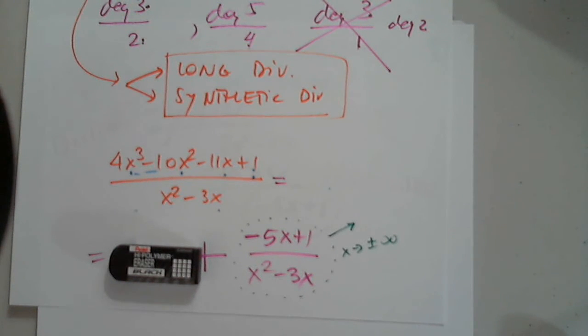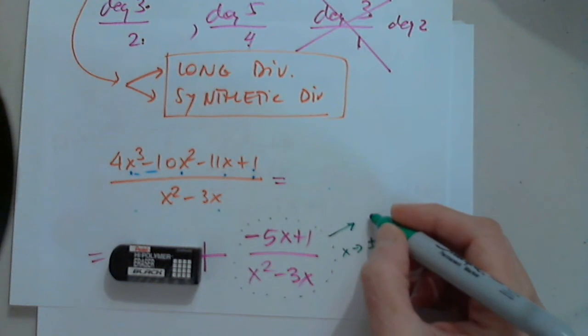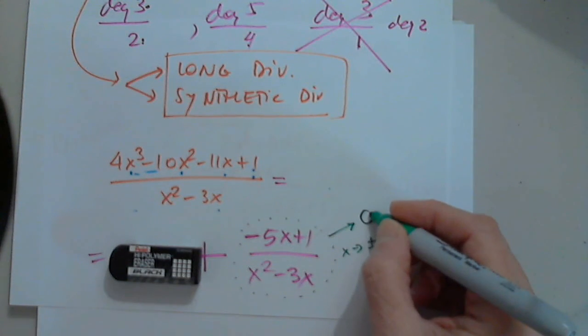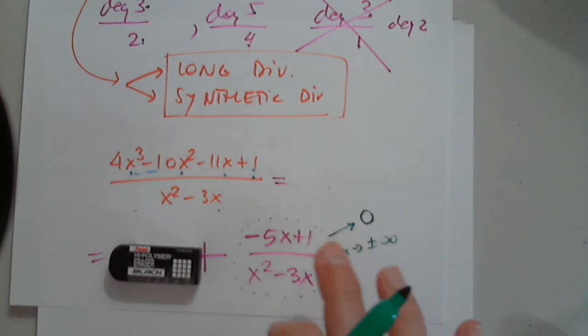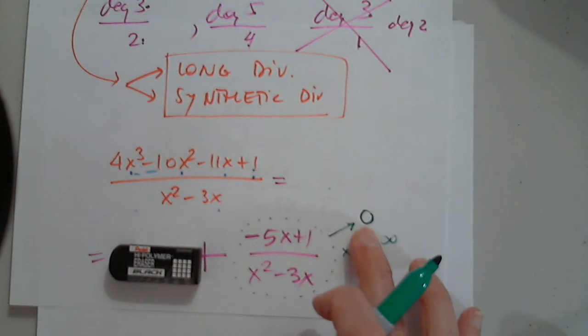Negative infinity. The denominator is more powerful. Whenever the denominator is more powerful, what happens to the fraction? So it's divided by infinity, so it's getting smaller. Very good. So as x approaches infinity or negative infinity, whatever over huge will always approach 0.